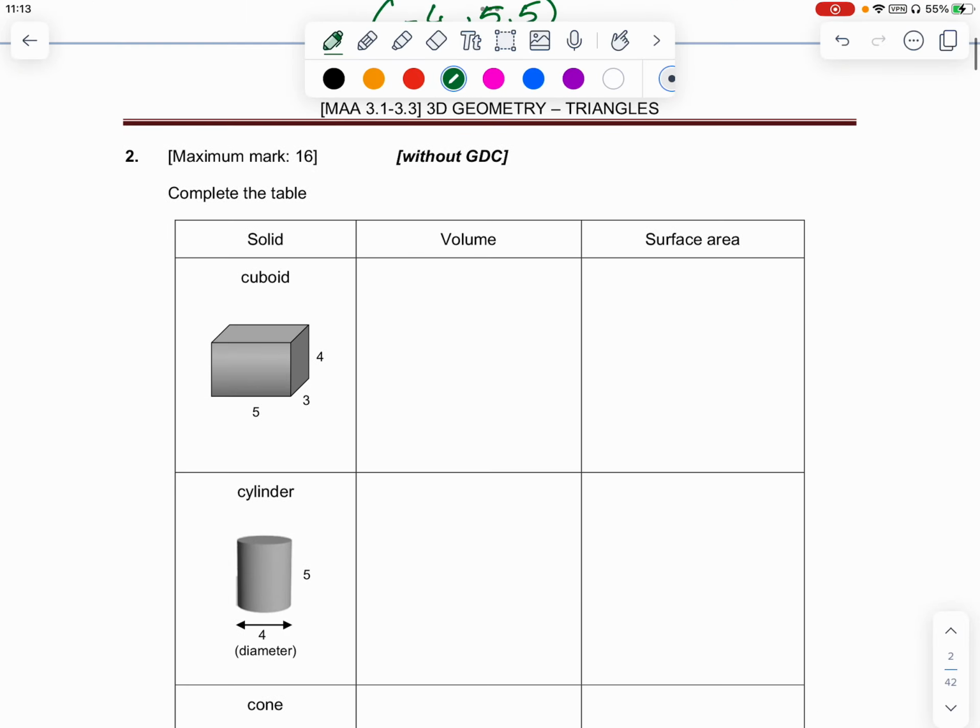Now come to question number 2. In question number 2, these solid 3-dimensional figures have been given. We are supposed to find the volume, area, and the other things of these questions. So how should I be able to find them?